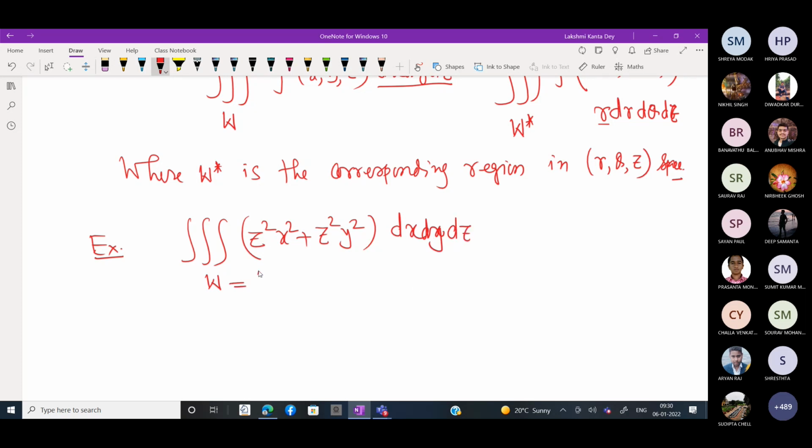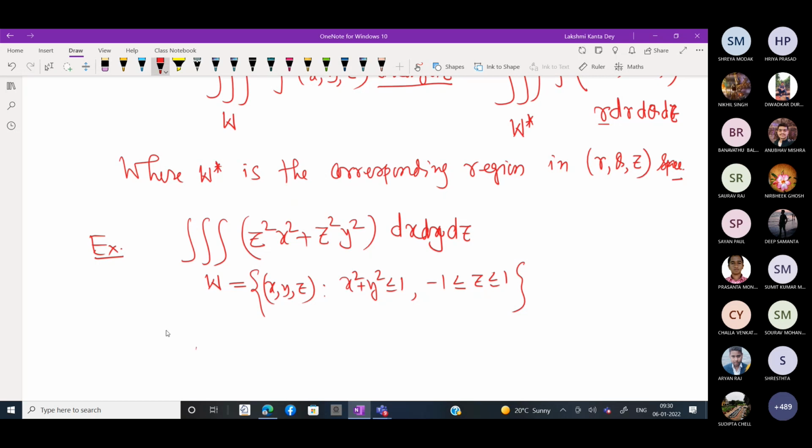Where W is the set of all x comma y comma z such that x square plus y square is less or equal to 1, and z is in between minus 1 to 1. So you understand it is a cylindrical region, height is from minus 1 to 1, and radius is 1, right? Okay. So how can we convert it?